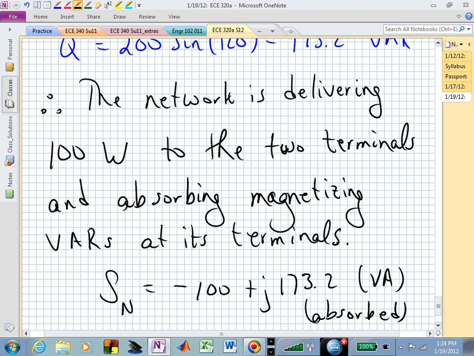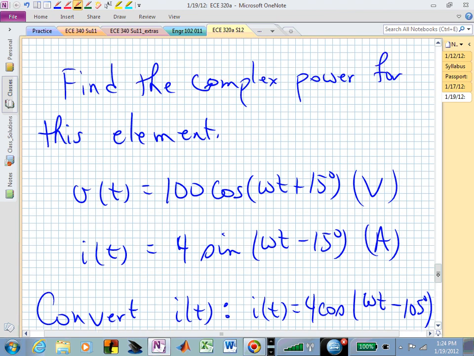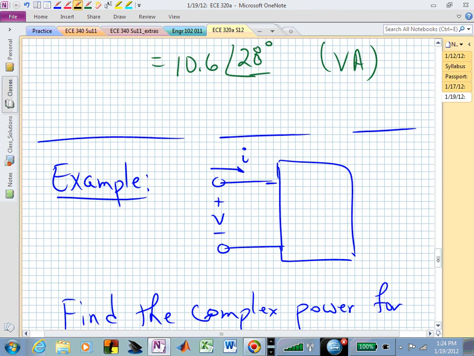So why is it absorbed? The question is, why is it absorbed? The way I've sketched it maybe is a little weird, but now think of this element. Here's my positive sign, and here's the negative sign.